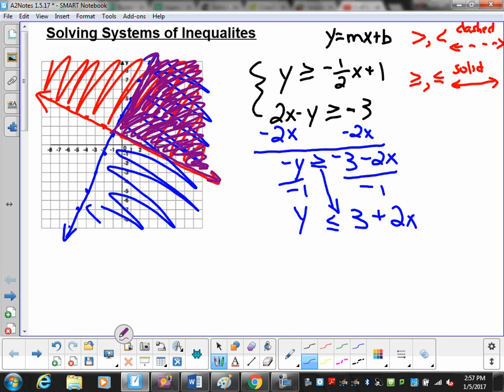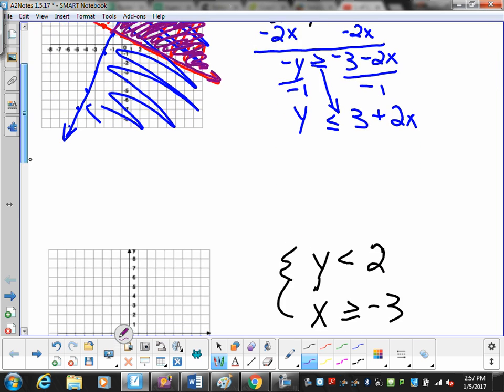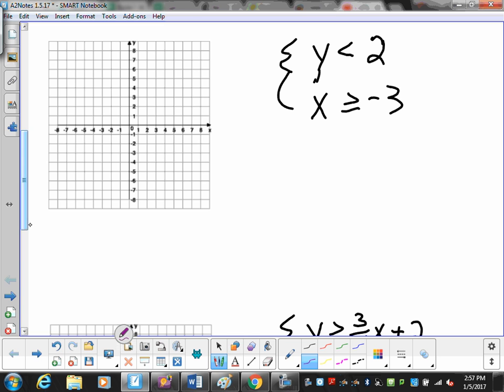All right, next problem. See how quickly this one goes, a lot quicker because you don't have to solve anything. All right. Two inequalities. The top one does not have an x with it, and the bottom one does not have a y with it. So what does that tell me about the line?